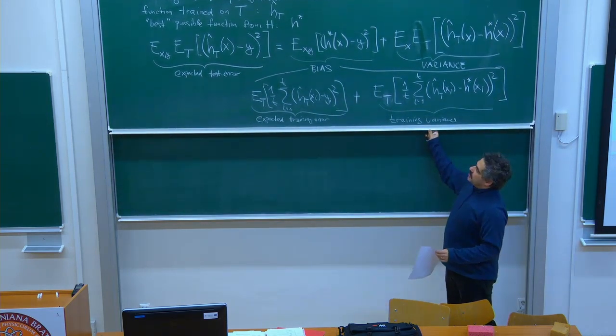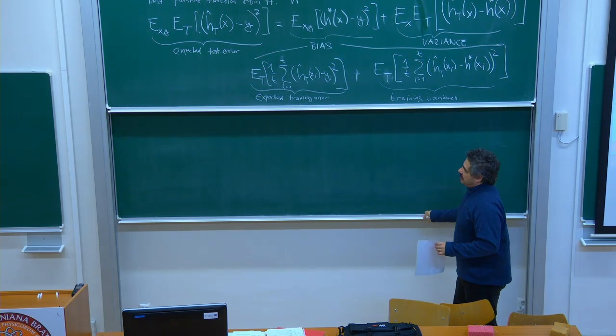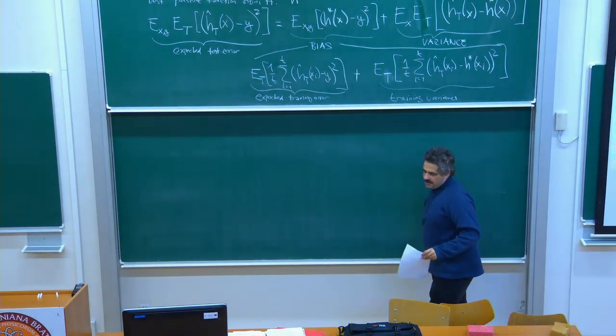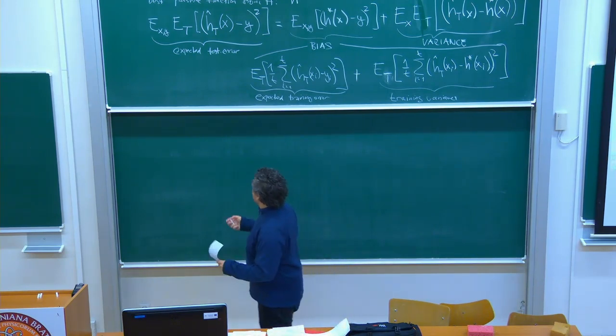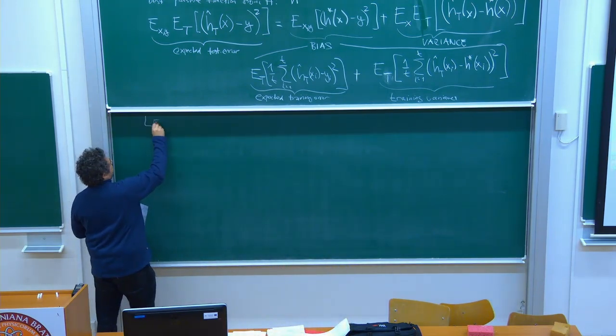And the reason why we are doing all this math was that we wanted to draw two pictures. So I'm going to draw them again. These are called learning curves.